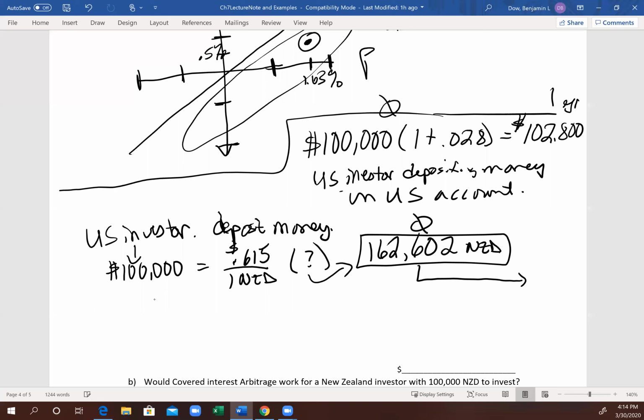Now, if you invest that money for 1 year, you're going to earn only 2.3%. So if you take the 162,602 and you earn 2.3%, you're going to end up with 166,341.5 New Zealand dollars.